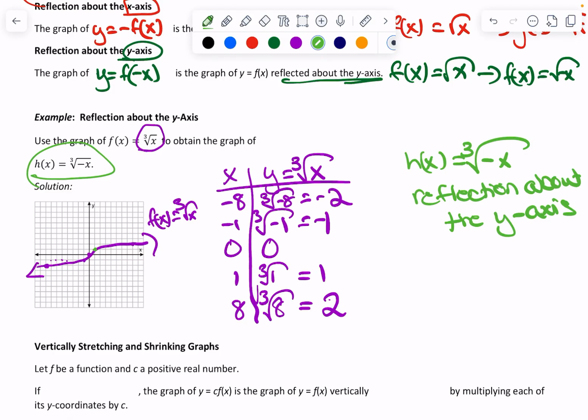Like this point goes here, and this point goes here, and then this point goes over here, and this one goes here, and it's going to look like this. Our other option is just to do the table and plot the points, but this negative inside tells us that it is a reflection about the y-axis.